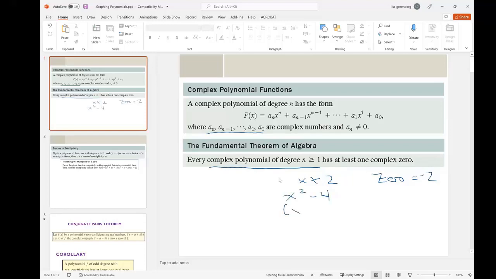We could factor that to x plus 2 times x minus 2, and we have two zeros. We have a 0 at 2 and at -2. Okay, so basically every complex polynomial of degree n greater than or equal to 1 has at least one complex zero.